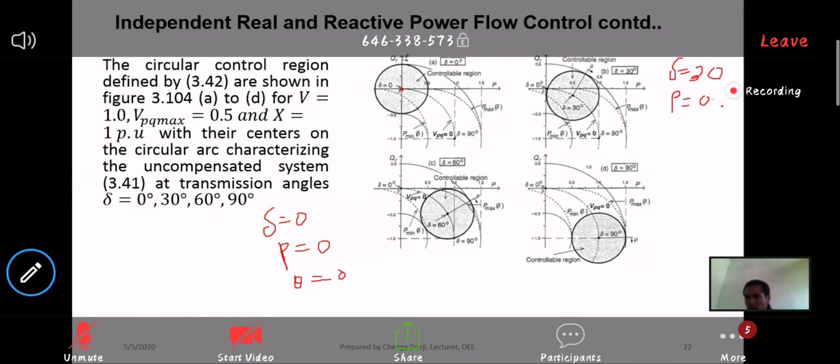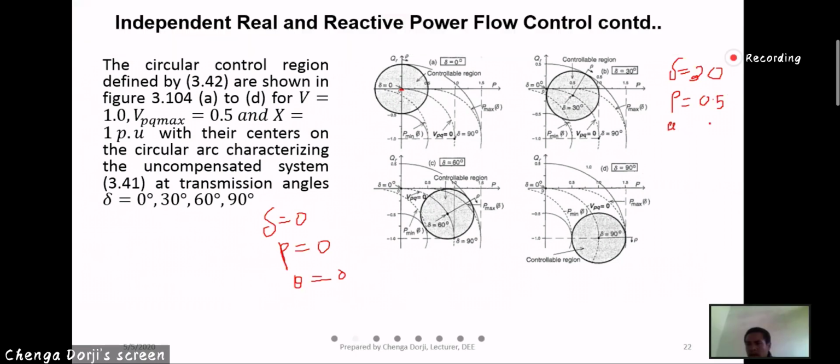Then q is equal to minus 0.134. So now when you plot it, 0.5 here and then your 0.134. With this as center, you draw a circle. So this is your controllable region.